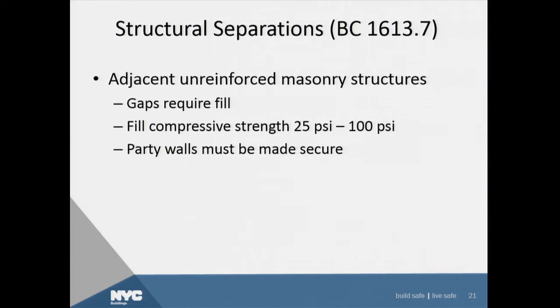Now, if the adjacent structure next to the new construction is an unreinforced masonry structure, which an evaluation of that structure can quickly identify, then the gap will be required to be filled. Part of the reason for that is the committee felt, and this is something the department has seen as well, that when a gap is left between new construction and sometimes these unreinforced masonry structures, the unreinforced masonry structure sometimes tends to move into the gap.